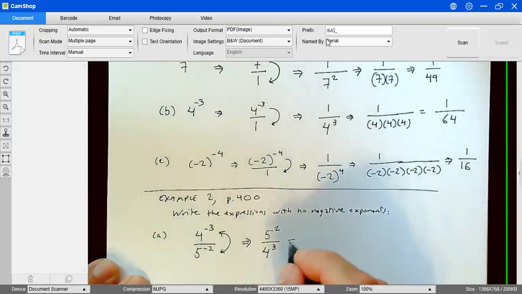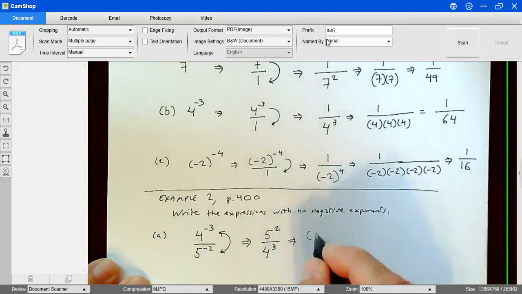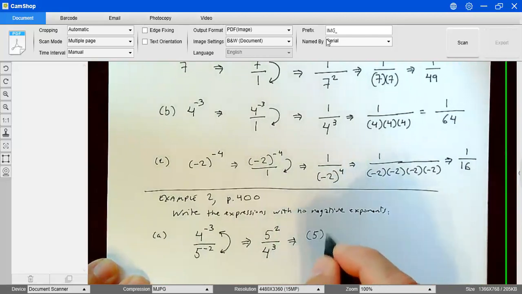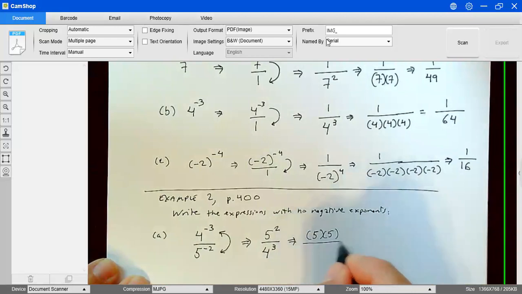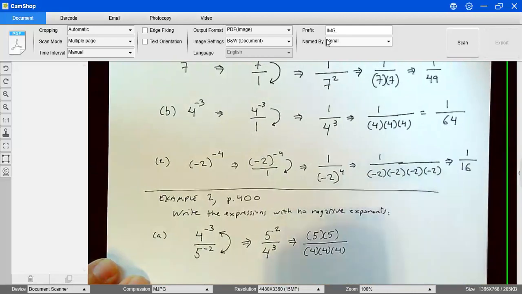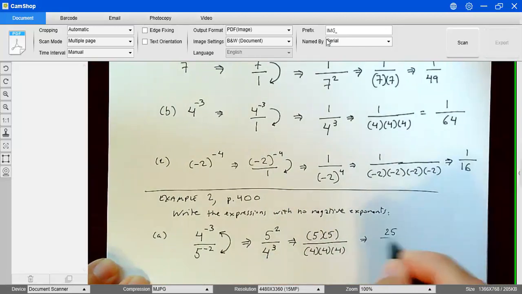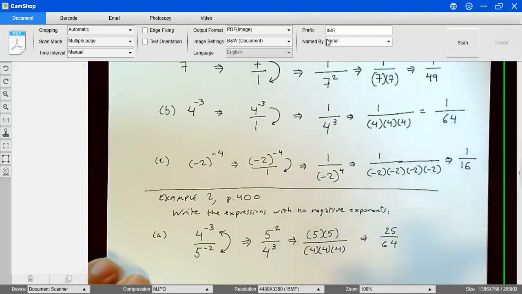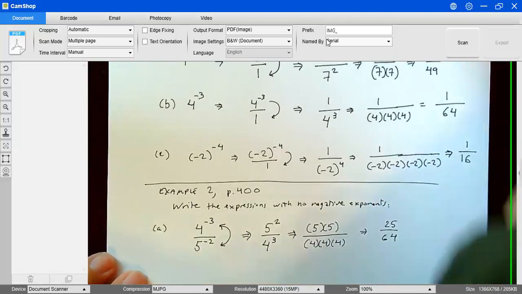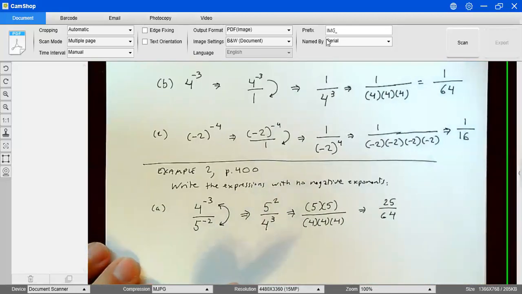So then the final step is we need to rewrite every exponential expression as a multiplication. So it's very important that you remember all this kind of work. So the final answer is just 25/64. And then you check whether you can still simplify the fraction more.